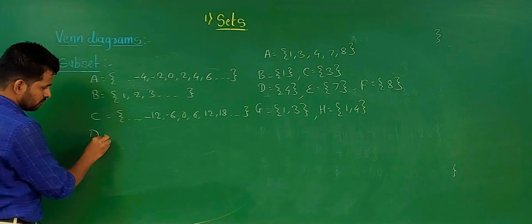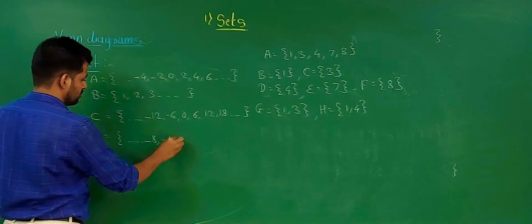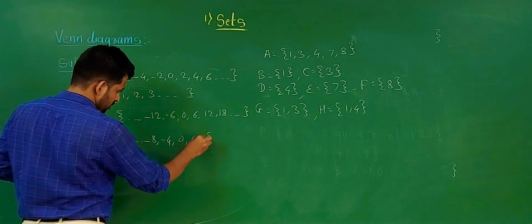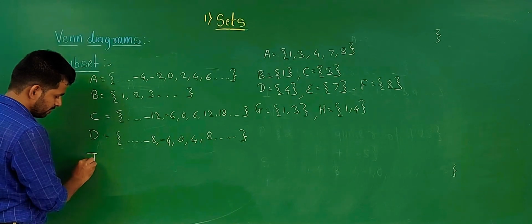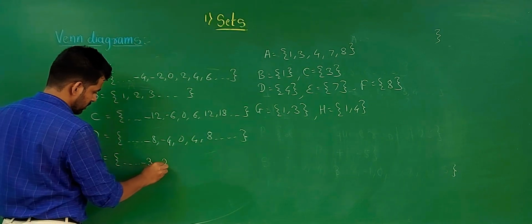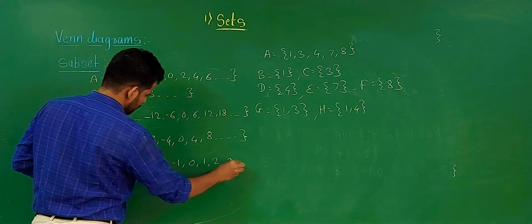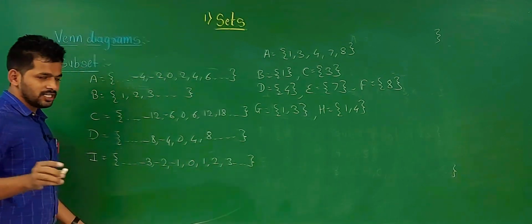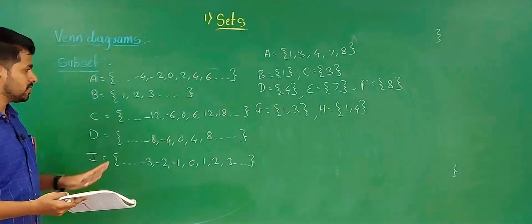D is equal to -8, -4, 0, 4, 8 up to infinite. And then I, -3, -2, -1, 0, 1, 2, 3 up to infinite. Okay, in the textbook, on page number 9, some example statements are given.